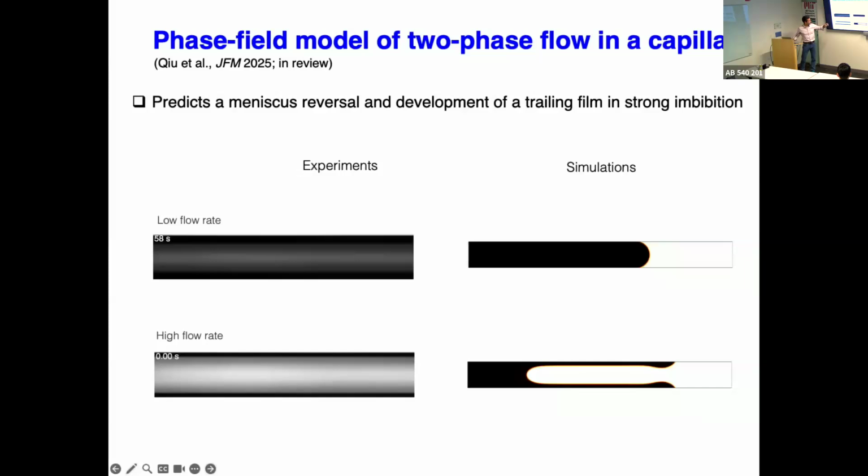So the fluid that we inject is silicone oil, and it's perfectly wetting. And if we inject at a high enough speed, the meniscus reverses and then eventually starts leaving a film. So this is what the experiments show. And that is also, this is not a video, but just a still image, that is also what the model predicts.